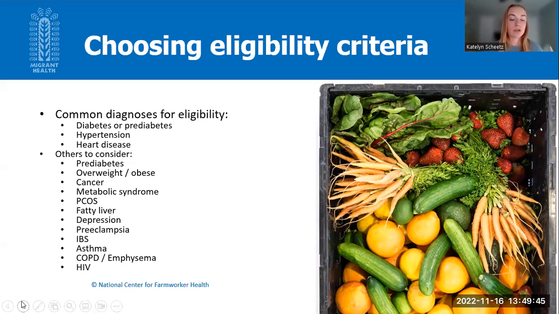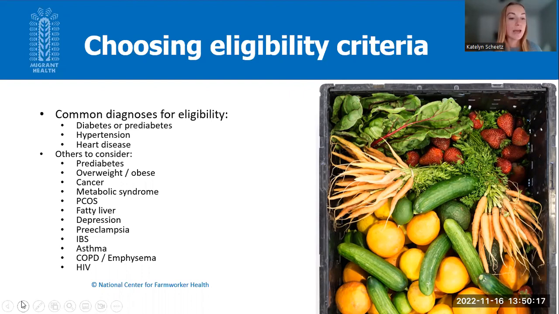So maybe you choose a few key conditions that you need to focus on that are really prevalent in your patient population. Some of the more common diagnoses for eligibility that we see are diabetes or prediabetes, hypertension, or heart disease. But we've seen a wide variety of conditions that programs have chosen to determine as eligible.